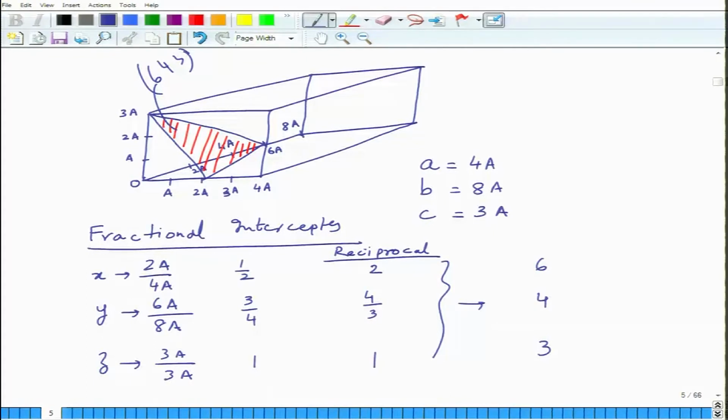So let us do the same exercise for, let us say, this plane. Now for this, what is the fractional intercept along x? 1, 4a by 4a. What is the fractional intercept along y?